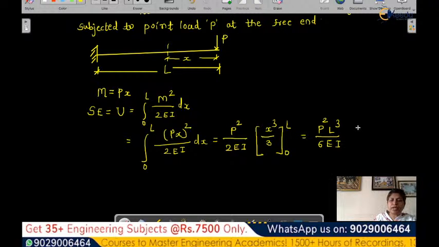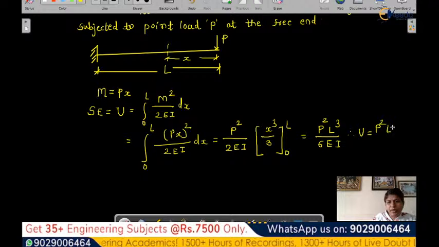So this is the strain energy we got. Therefore U is equal to P square L cube by 6EI.